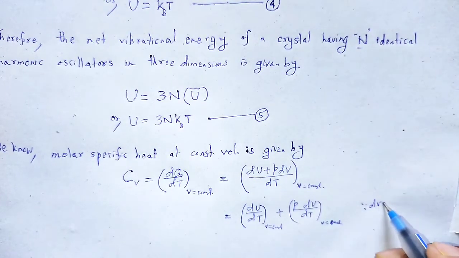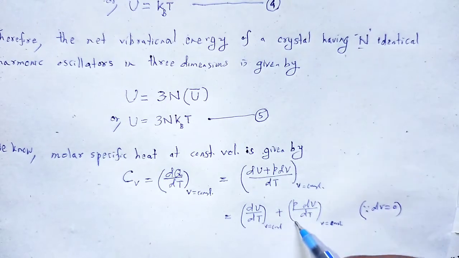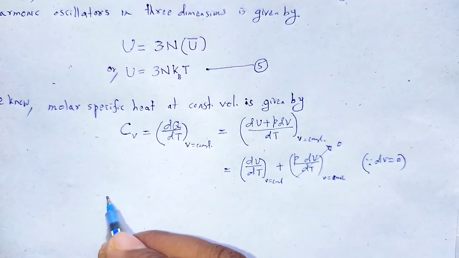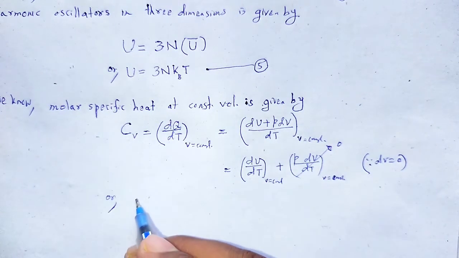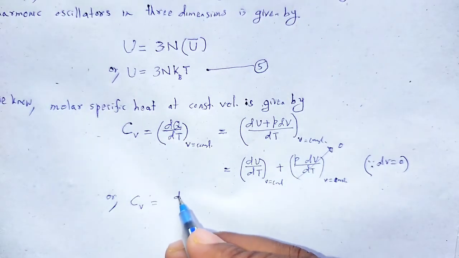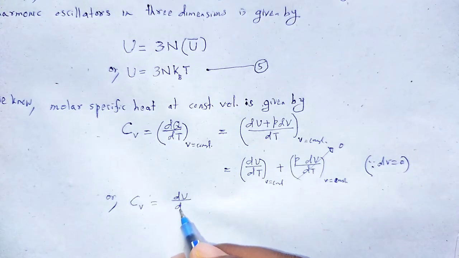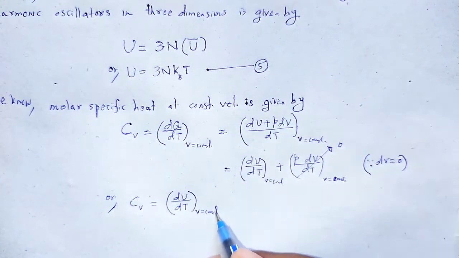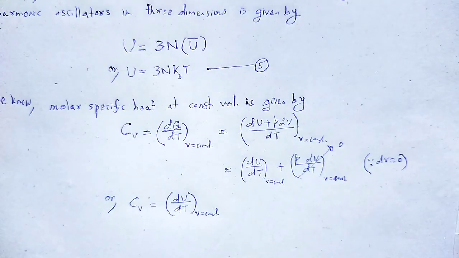So dV is equal to 0 here, and that term cancels out. Only the specific heat due to dU by dT at constant volume remains. Let me put the value of U here.